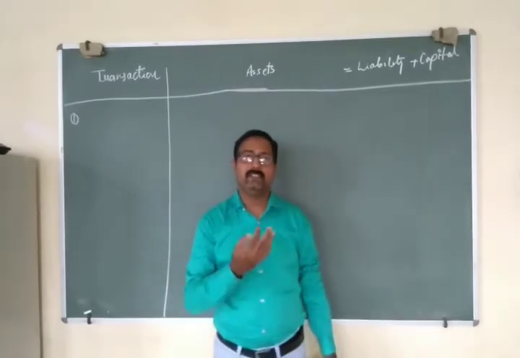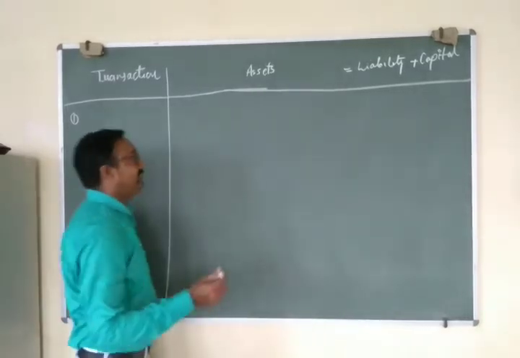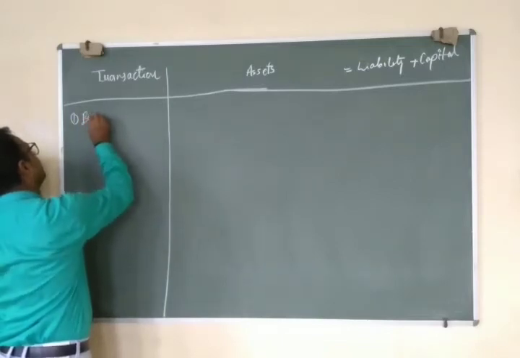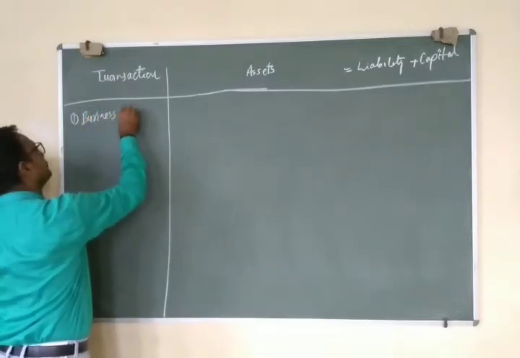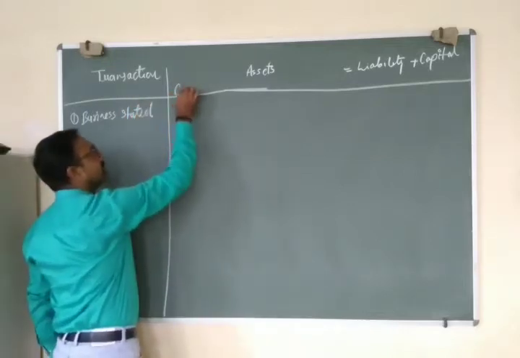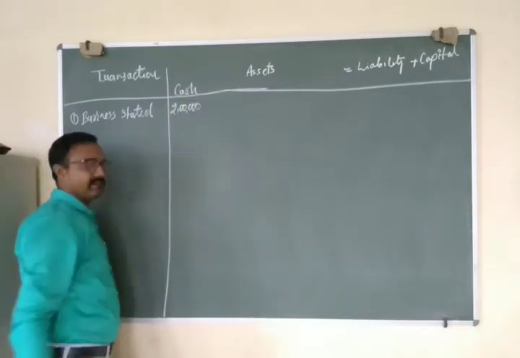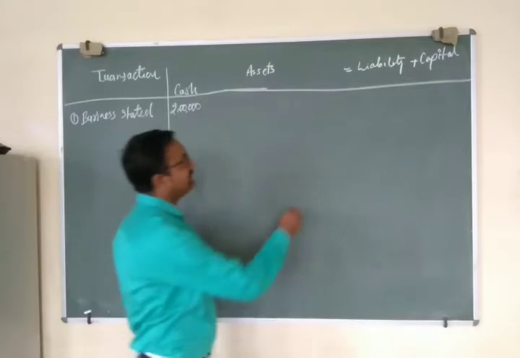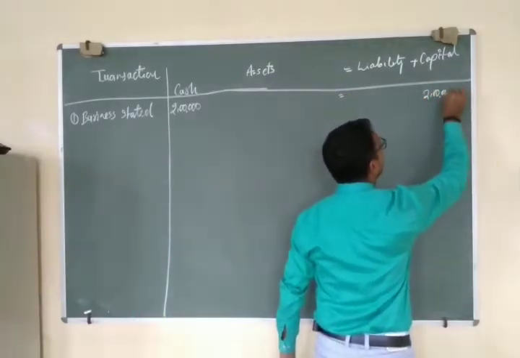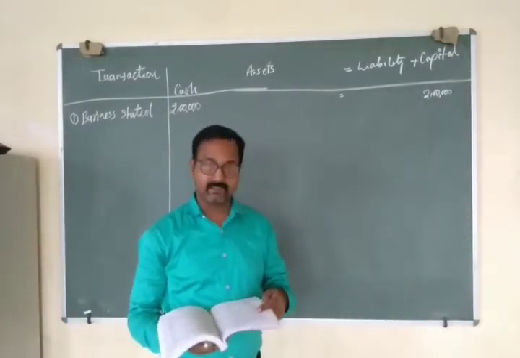So once you invest 2 lakh rupees to start your business, first we have to write the transaction: business started with cash rupees 2 lakh. So that's why we have written here 2 lakh rupees. Then at the same time, that is the amount of capital, that's why we have written 2 lakh as capital. Okay, it was our first transaction.